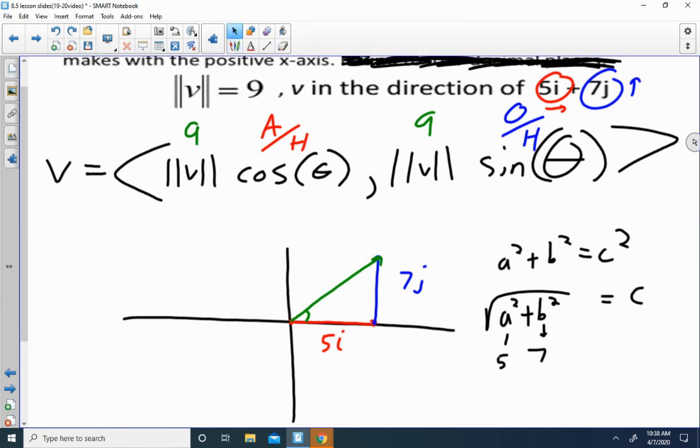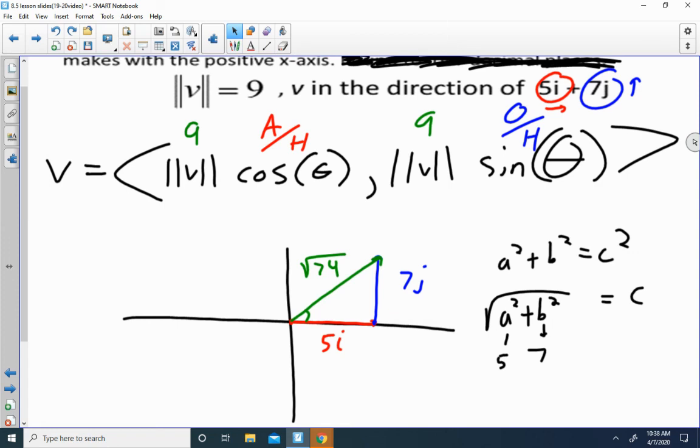You know how to do that from there, so I'll let you do that. But I will let you know, you will get that the hypotenuse will be the square root of 74. And trust me, I've tried to split 74. Sadly, 74 is as good as it gets. It does not simplify or reduce anymore. There's no perfect roots to help us do that.